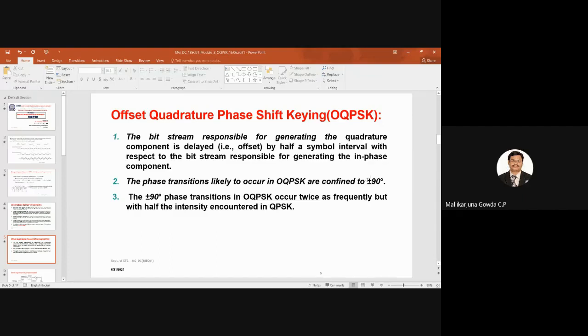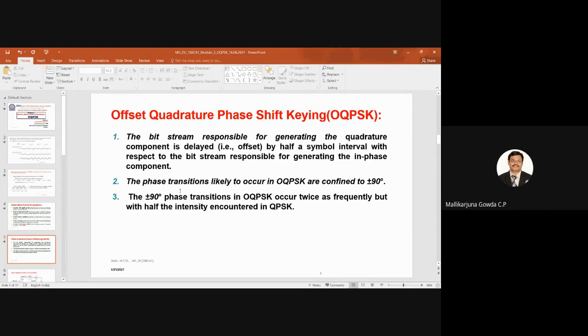So there will be no 180 degree phase transitions in the case of offset QPSK. With that, the 180 degree change in the phase of the carrier has been eliminated, and we will be able to reduce the amplitude fluctuations of the QPSK waveform. So that is known as offset QPSK.